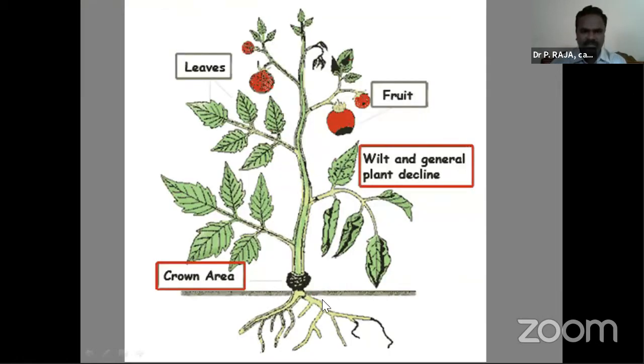You see that this is the plant, and the pathogen produces various symptoms on the stems and the crown area, and of course on the leaves: leaf spots, blight, and so on. On the fruits, you see fruit rot, fruit spot, concentric rings, and so on, and there can be a whole plant wilt. On the roots, you will find infection, degradation, or rotting, and so on.